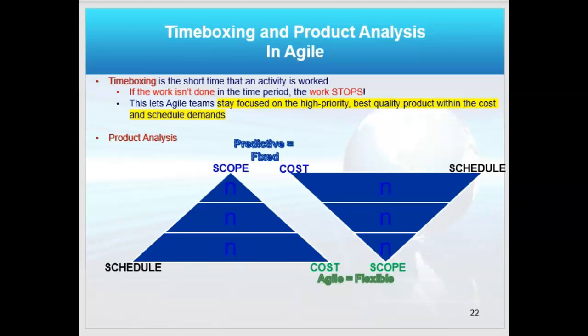And you can even do product analysis in Agile. That's very important. Remember, in predictive project management, you have kind of this fixed scope, schedule, cost. But in Agile, in product analysis, you're really more focused on cost and scope, not so much on schedule. They're like at opposite ends of the spectrum.